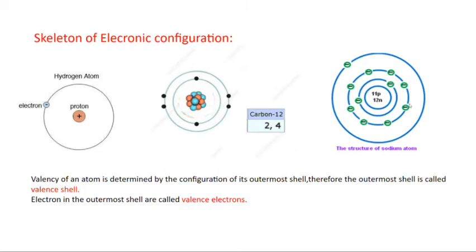And for the second shell how many electrons are possible? 8. So here 2 plus 8, there are 10 electrons. But sodium has 11 electrons, so the remaining 1 electron is present in the third shell. Okay. So this is the skeleton of electronic configuration of sodium.